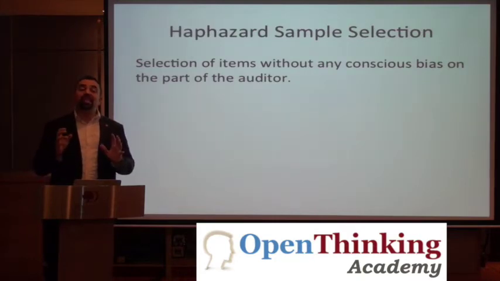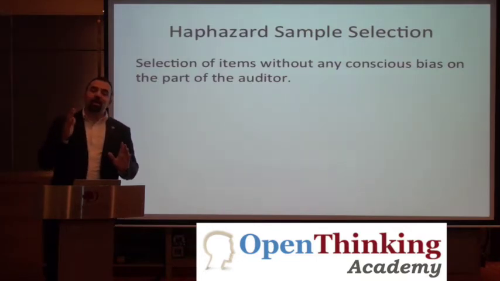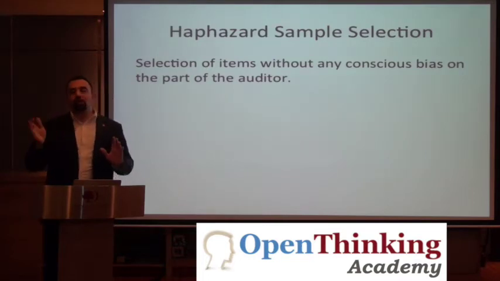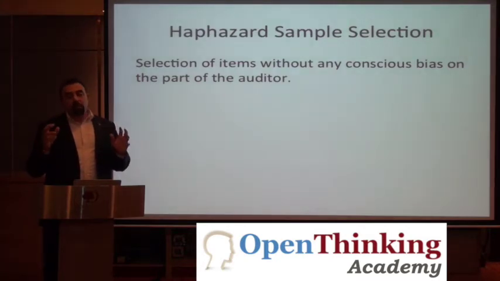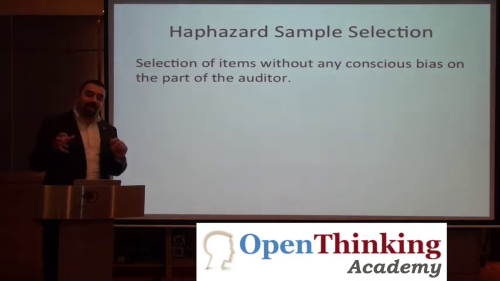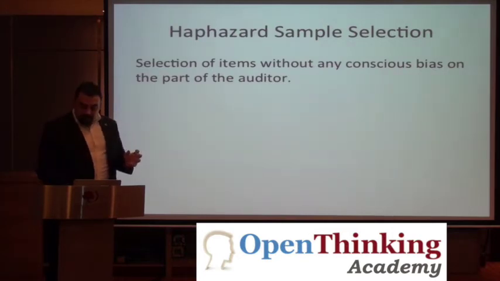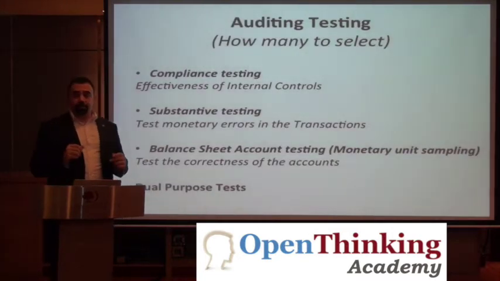So what you do, you select the last month and you say, let's test the hiring process in the last month, because you are most interested in the recent compliance with the policies and procedures related to hiring compared to looking at what happened before. So these are the different methods we use related to statistical sampling and related to non-statistical sampling.